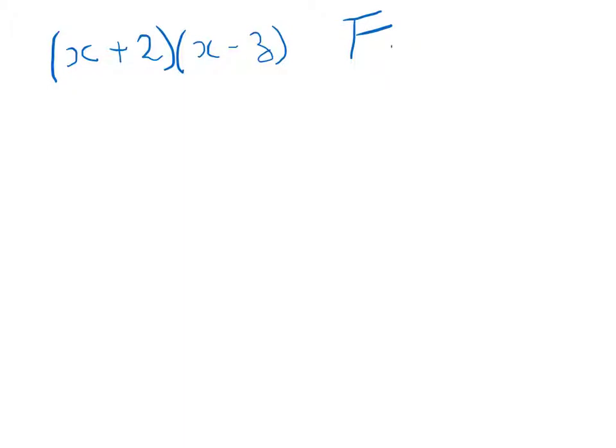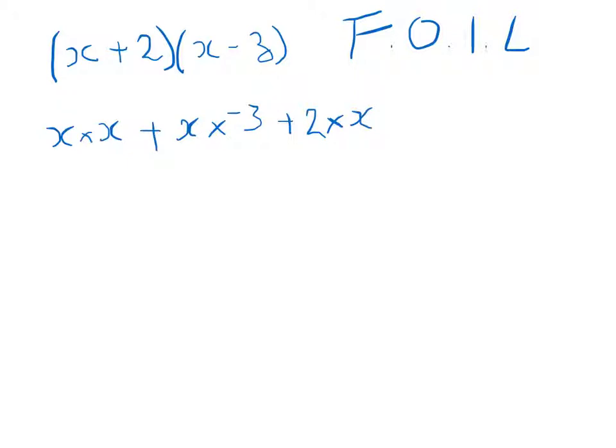Always remembering FOIL, first in each bracket gives x times x, then the outer ones, x times negative 3, plus the inside ones, 2 times x, and then the last ones, plus 2 times negative 3.